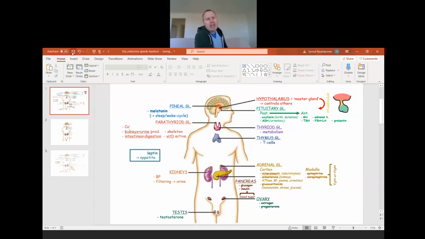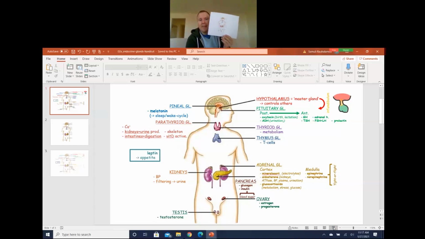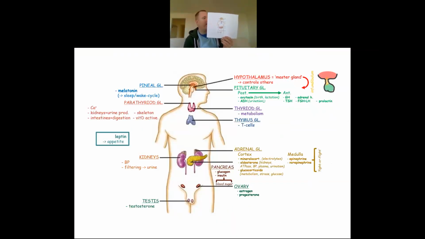But if you are wondering what you needed to get out of this chapter, it is really just simply this handout. What I want you to be able to do is to identify the key endocrine system glands and what they produce, whether it's the hormones that we have just discussed or the functions that they play.